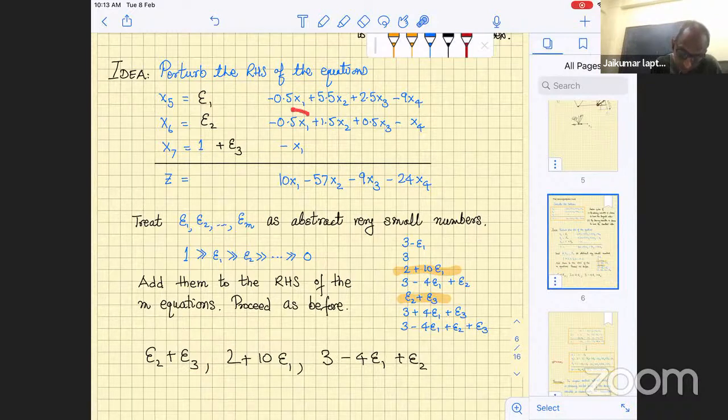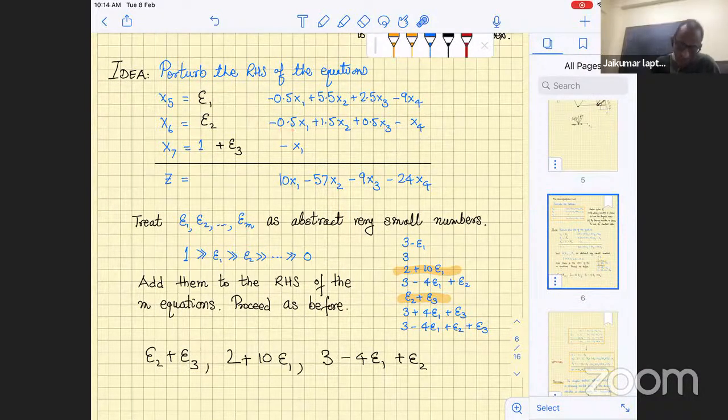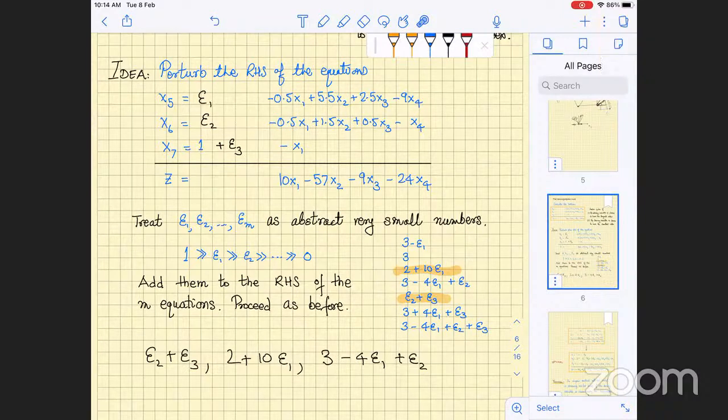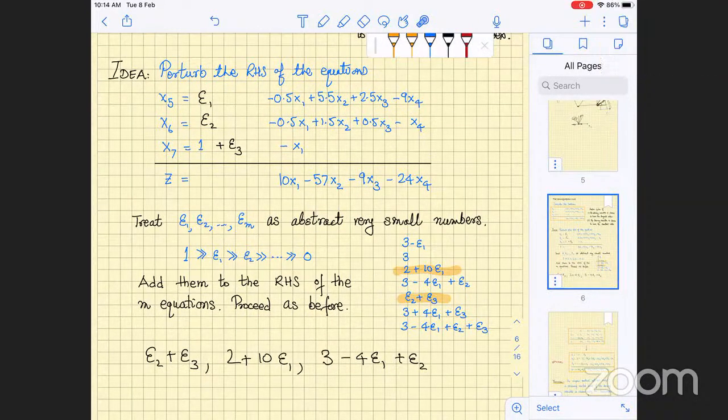Whereas this equation will become tight when x1 becomes what value? 2 epsilon 2. And this equation will become tight when x1 becomes 2 epsilon 1. So which equation becomes the tightest first? 2 epsilon 2.